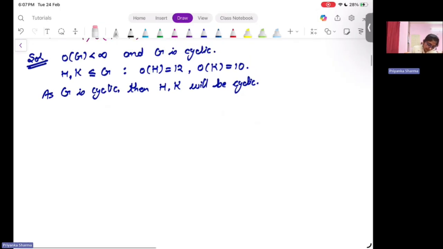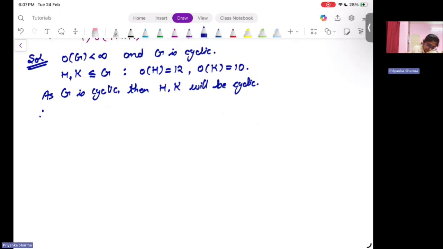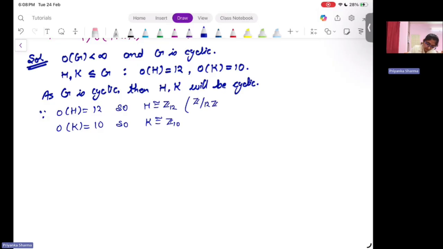Okay, so here we can say that order of H is 12. So H is isomorphic to Z12 and order of K is 10. So K is isomorphic to Z10. This is actually like Z over 12Z, and this is like Z over 10Z.